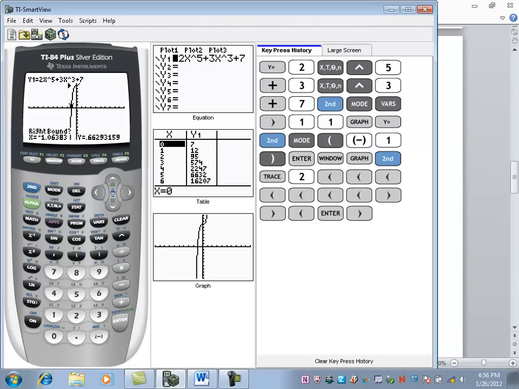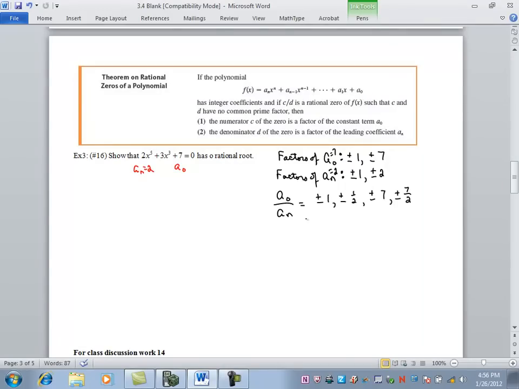My right bound, I hit enter, and I hit enter a second time. Notice, yeah, this decimal terminates, but it terminates only because the calculator doesn't have enough room for it to keep going on out.